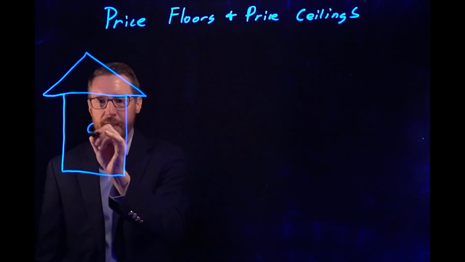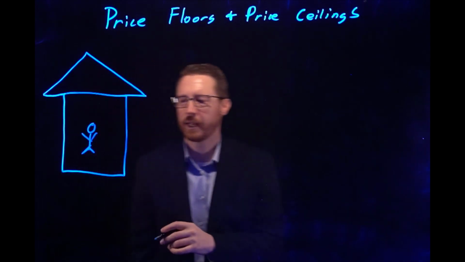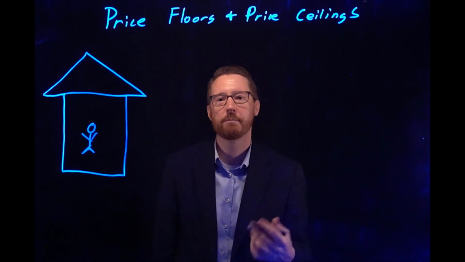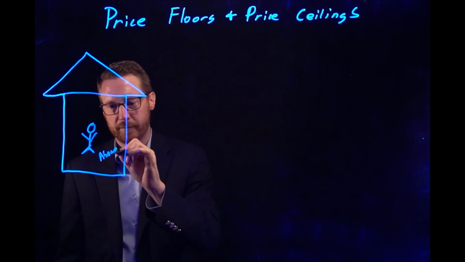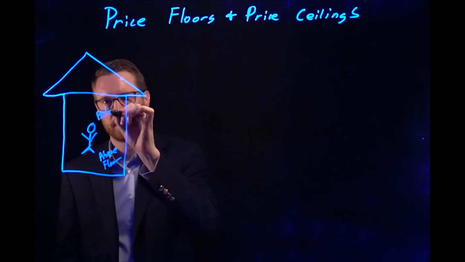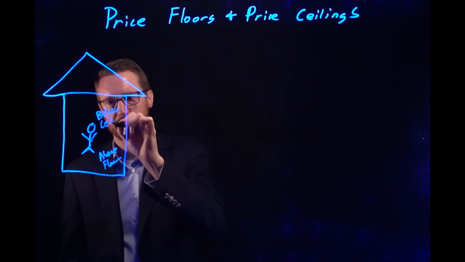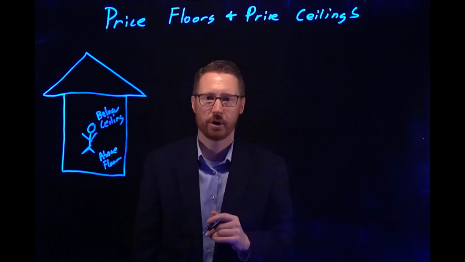Well, we're going to live in the middle of it. Right? We're going to live above the floor and below the ceiling. As long as we're in the middle, we're all good.